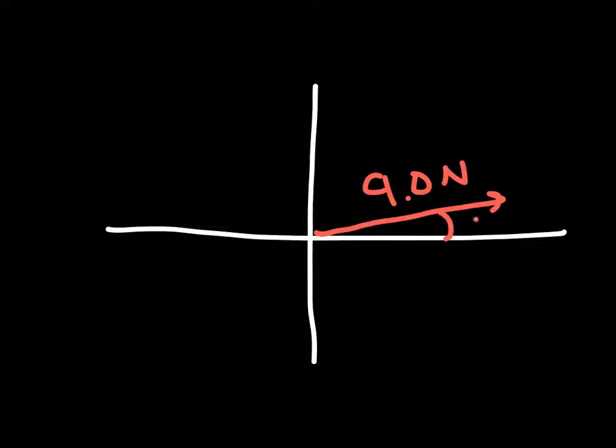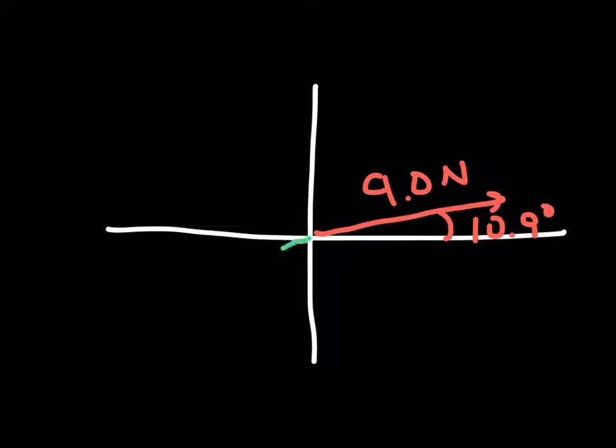Our angle is 10.9 degrees. But don't forget, this is what the two forces added together equal. We want to know how much in this direction do we have to pull to counteract this total force.